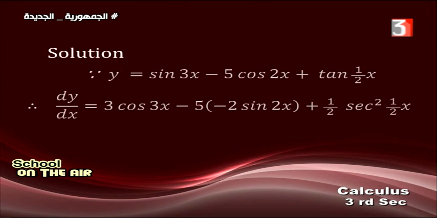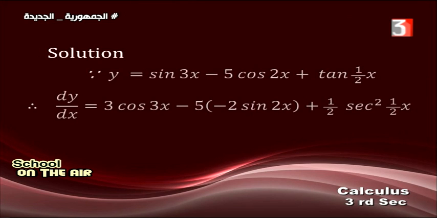What is the derivative of cosine 2x? The derivative of cosine 2x is negative 2 sine 2x. Negative sine 2x is the derivative of the function cosine 2x, multiply the derivative of the angle 2x, which equals 2, plus the derivative of tan half x.